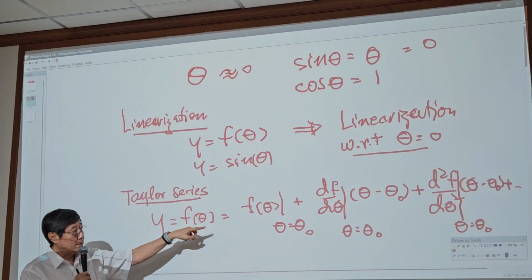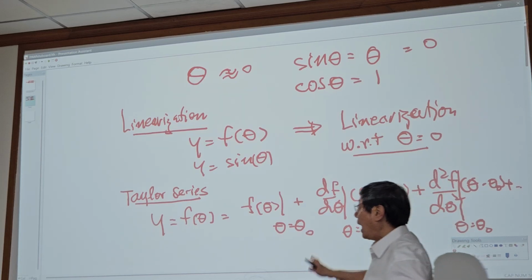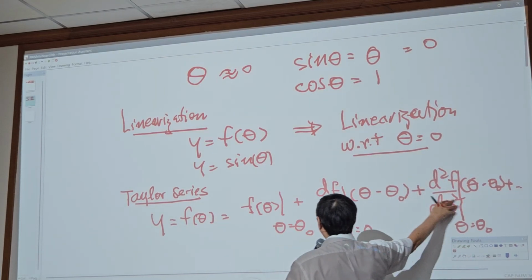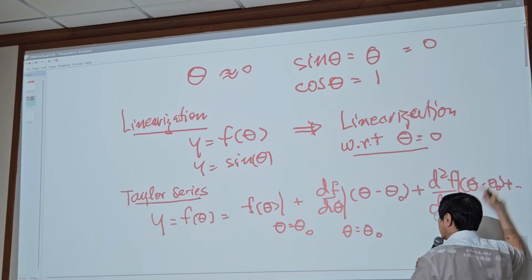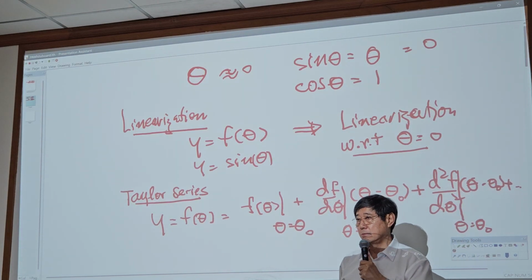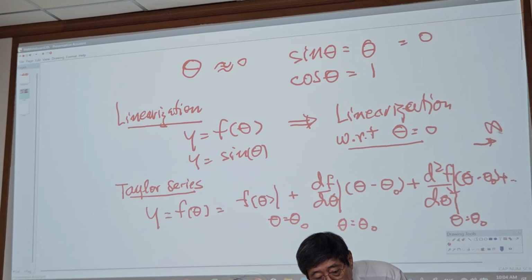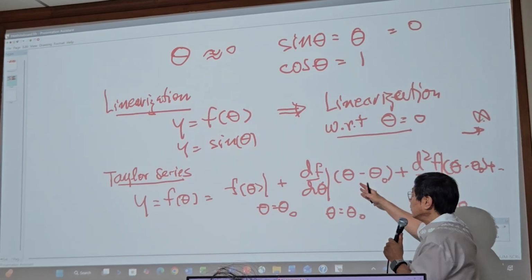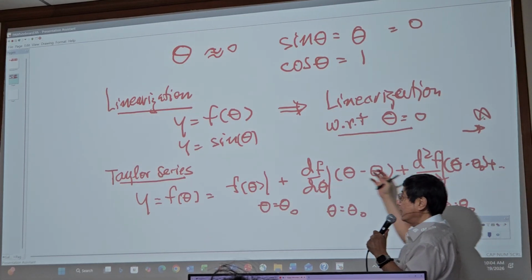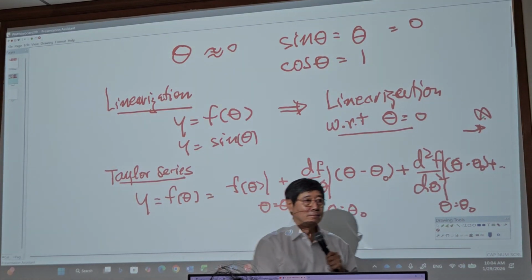If you want to linearize this one, every function can be written in this form. If the number of terms is infinity, it will be equal to that function. To infinity, let's say infinity order. If you can make it infinity, it will be equal.